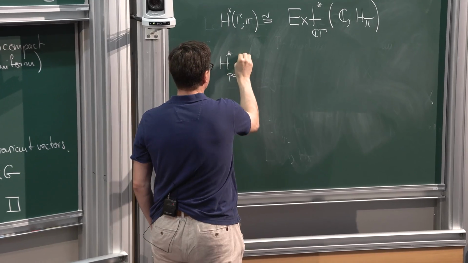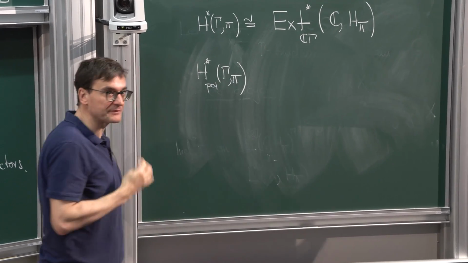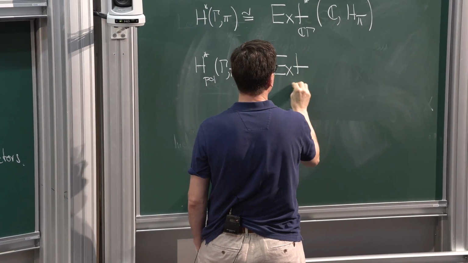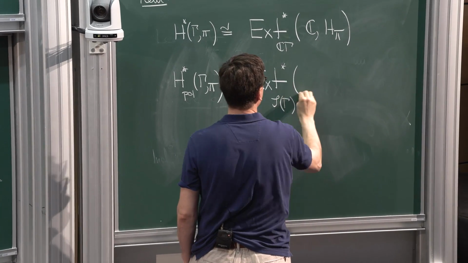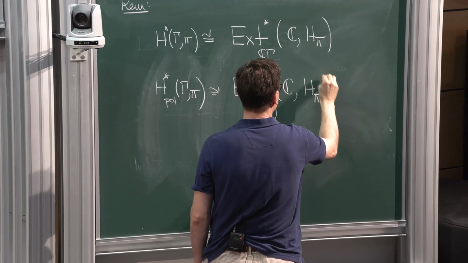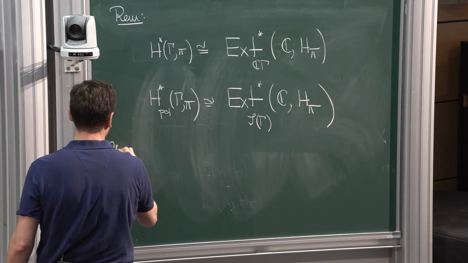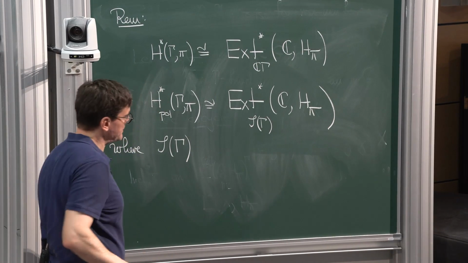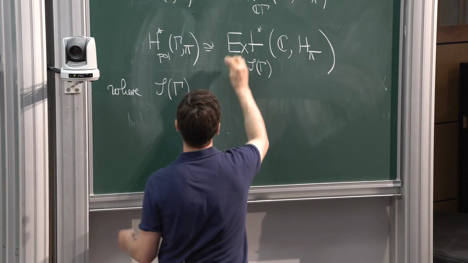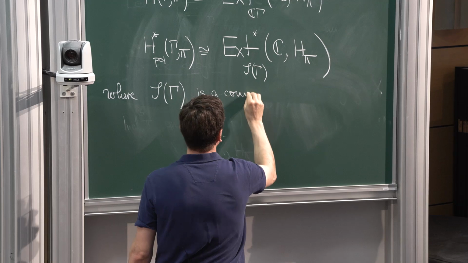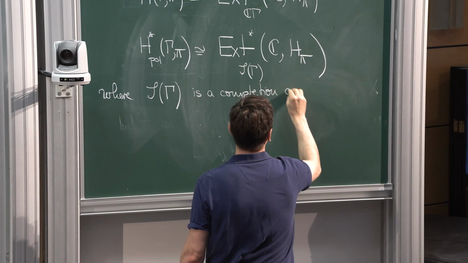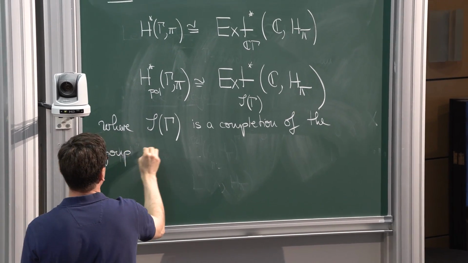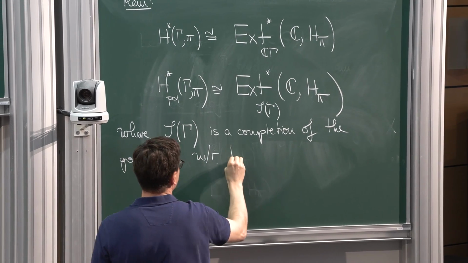If you have the polynomial cohomology, there is also a quite abstract way to express it. It will also be an Ext term, but now in a different algebra, where this S gamma is a Fréchet algebra, and it is a completion of the group ring with respect to a family of seminorms.